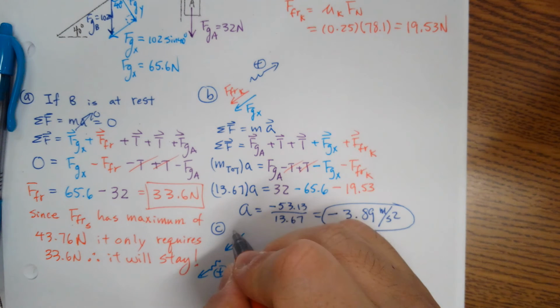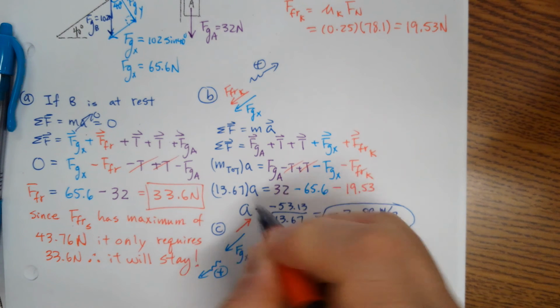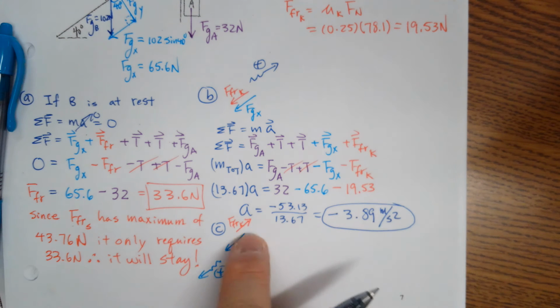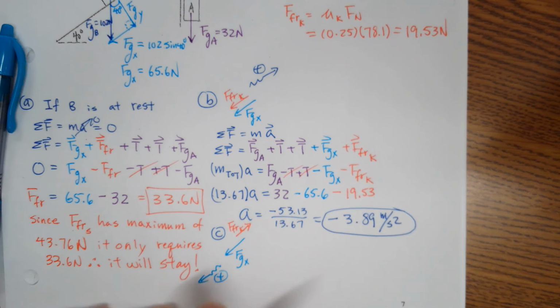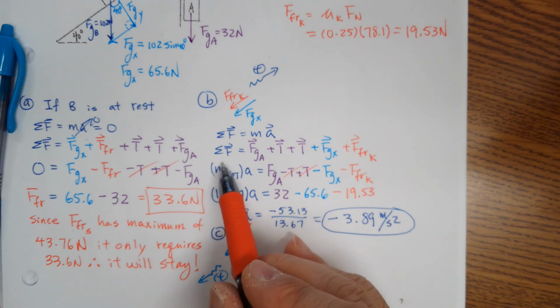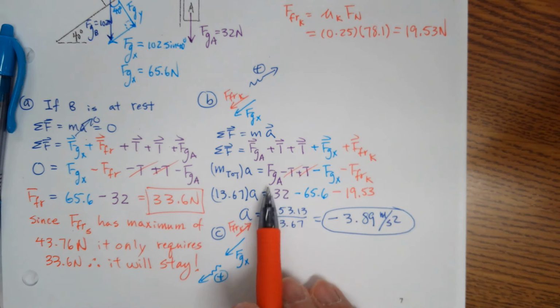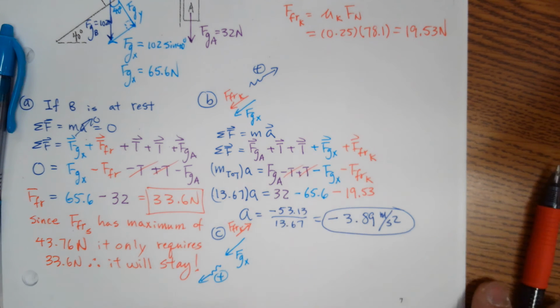But now our friction is going to act up the incline, and that friction again is the kinetic friction. So that's the negative, all right? So what changes? Just directions change. All this still remained the same, okay? So this time, all the directions change. So here we go.